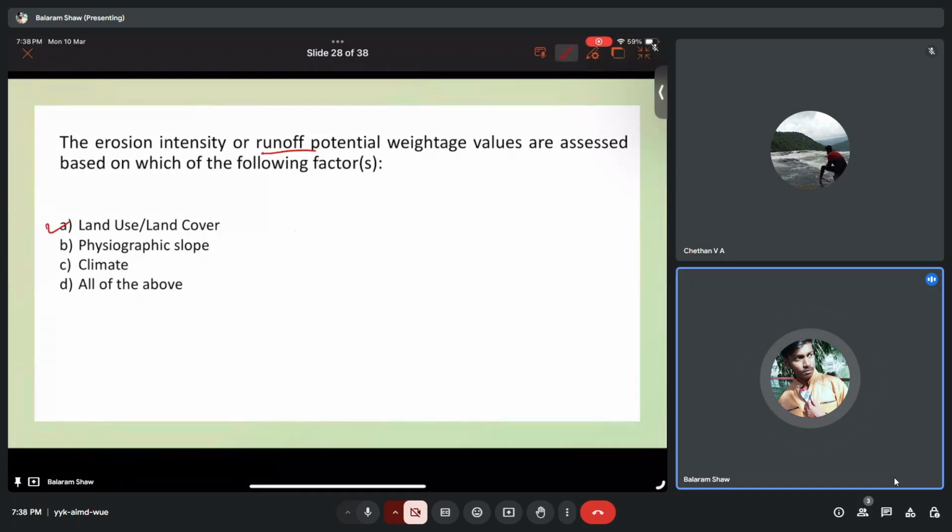In that case, the runoff will change. Because of that, the runoff potential weightage values will change. Like that, if slope is changing, the erosion will change, and not only that, but runoff will also change. So climate also. So the correct answer will be all of them, option D.